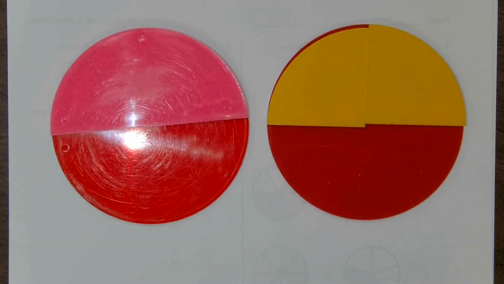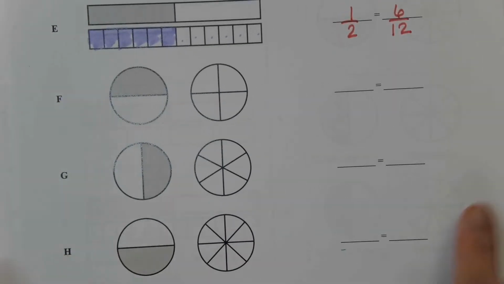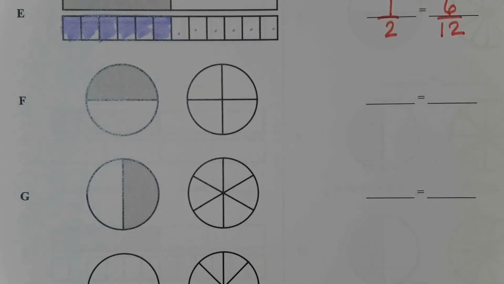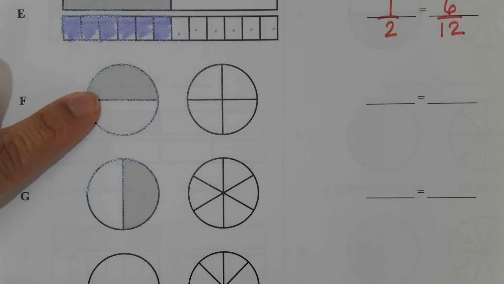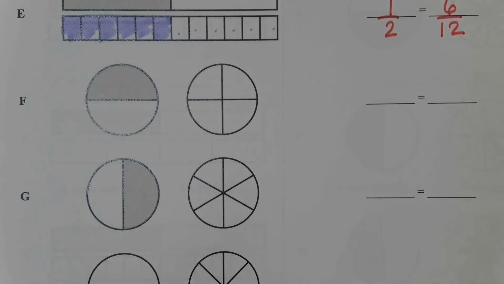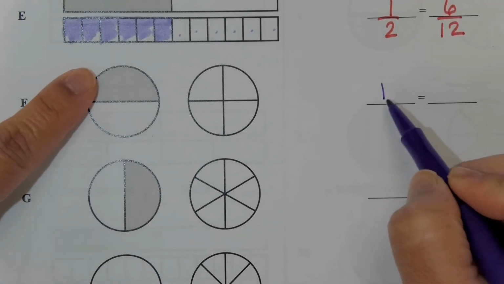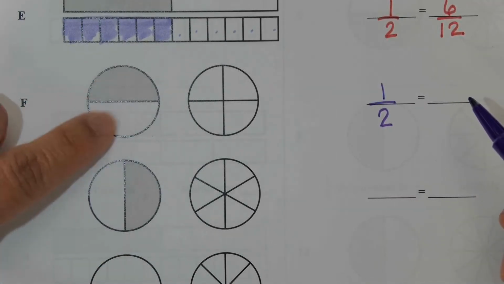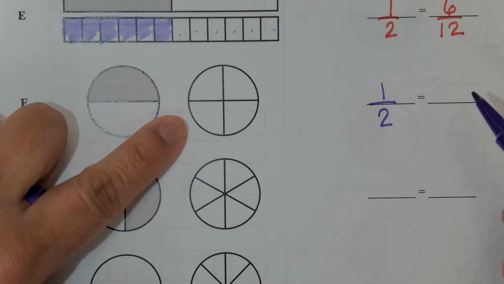So now let's find F on your worksheet. And on your worksheet, on F, let's go ahead and shade. What fraction is shaded on the left circle? 1 is shaded out of 2. 1 out of 2. Look at the right circle.